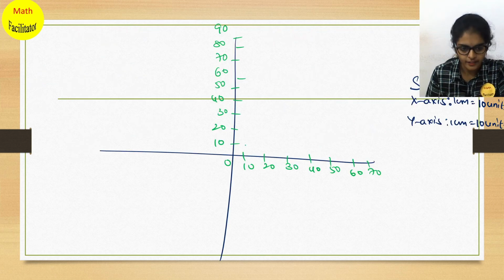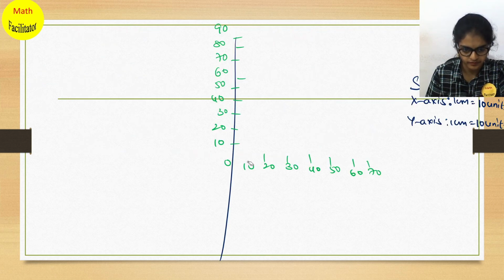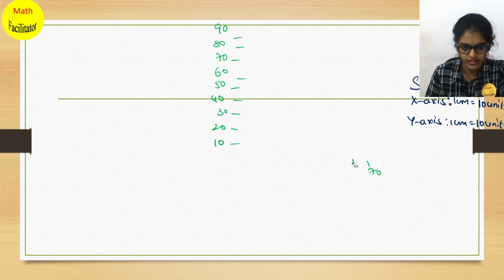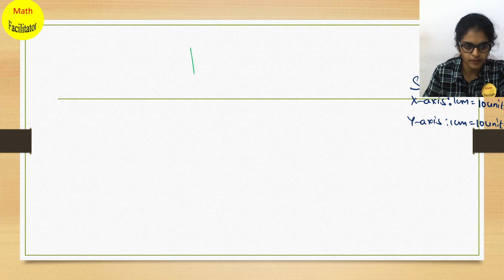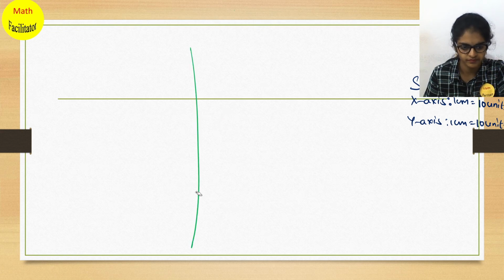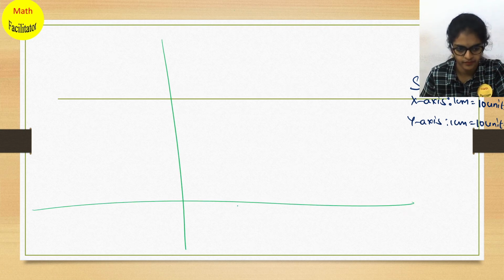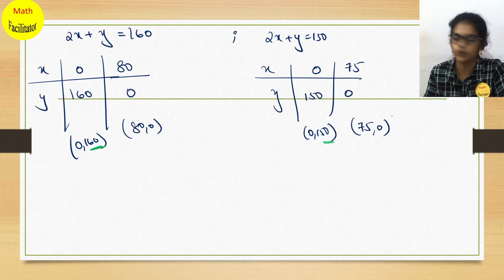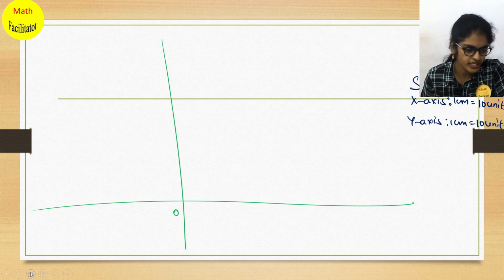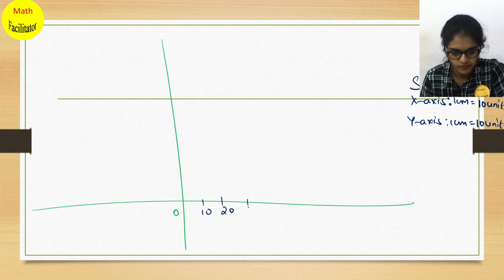So what I can do is, I can draw the graph in this way. Have a look here. I can start drawing my graph from this point, since there are no negative y values. So this will be now 10, 20, 30.